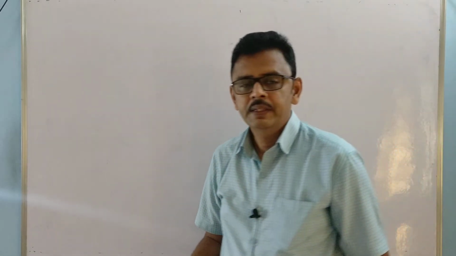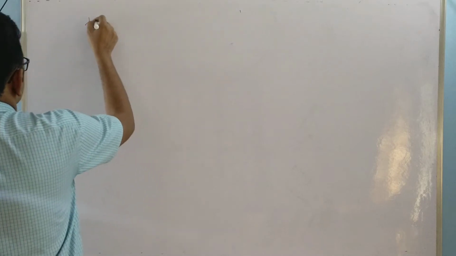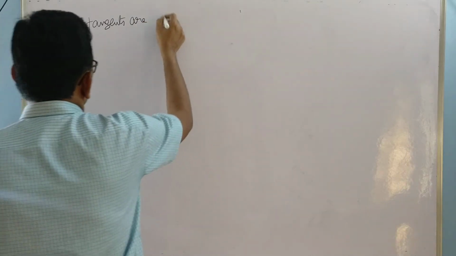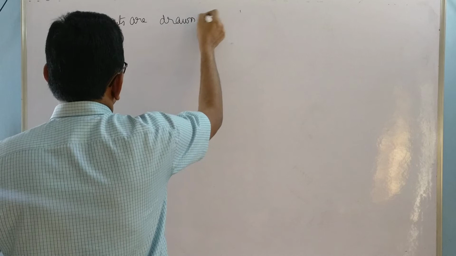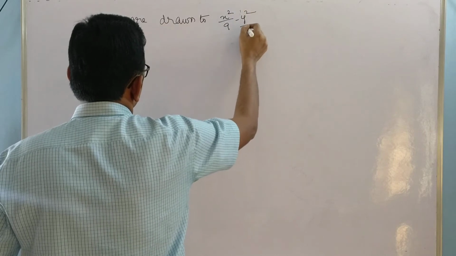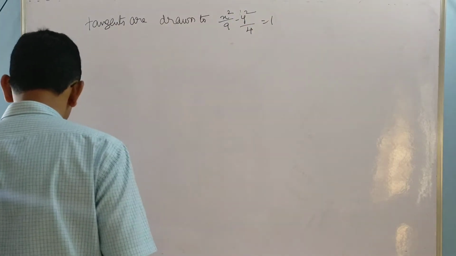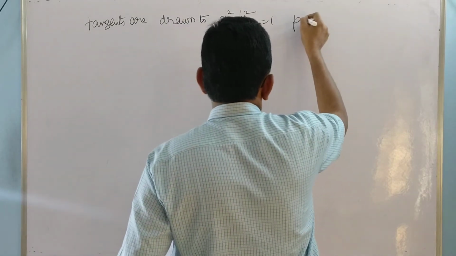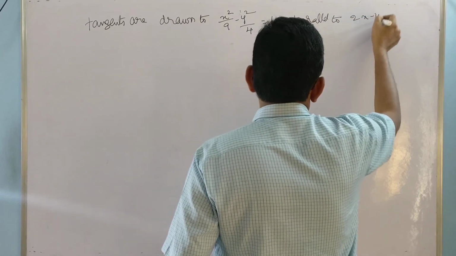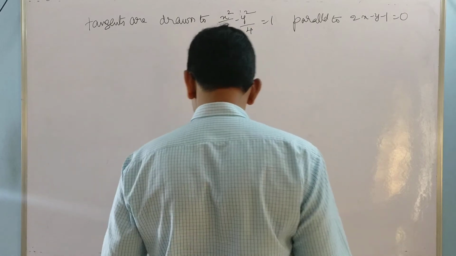Next one. Tangents are drawn to the hyperbola x square by 9 minus y square by 4 equal to 1 parallel to the line 2x minus y minus 1 equal to 0.